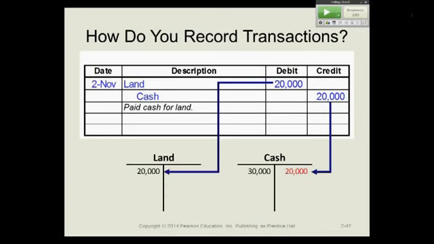How did you find the cash balance of 10? Okay, so in our account here, we started with 30,000. The next journal entry, let's just take the cash account.